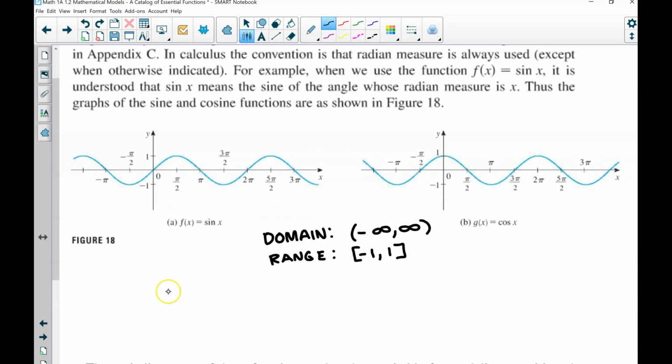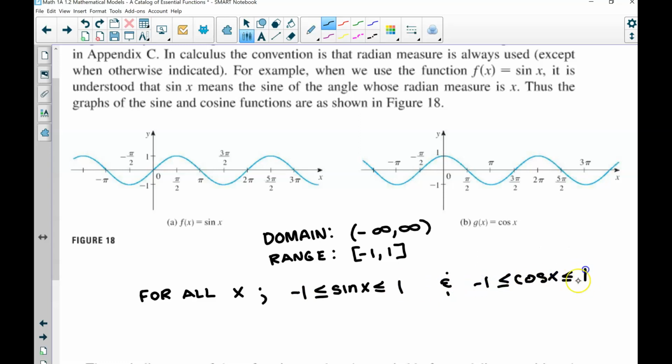So what that means is that for all values of x, the sine of x is going to be in between -1 and 1, and the cosine of x is also going to be in between -1 and 1.